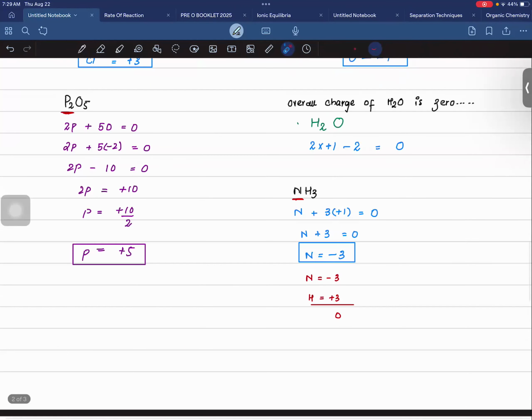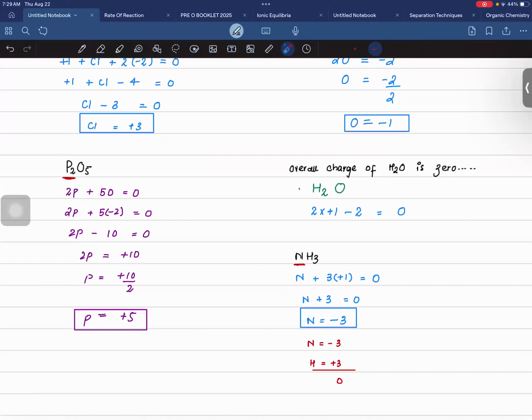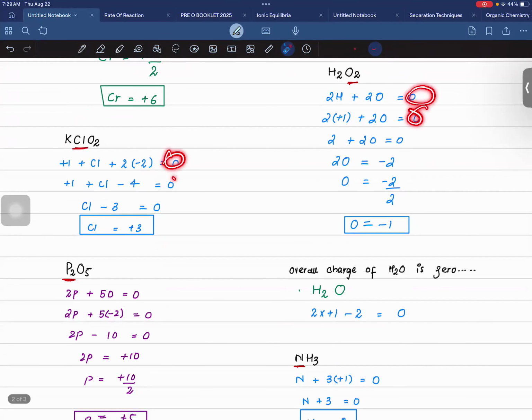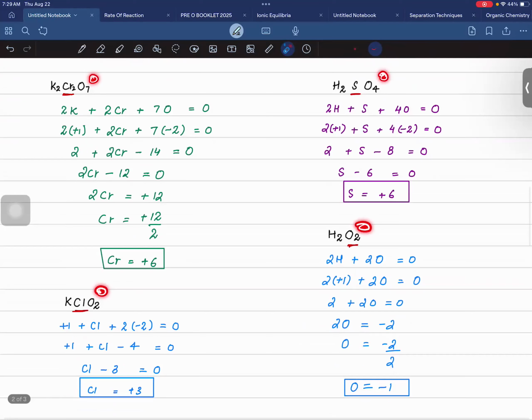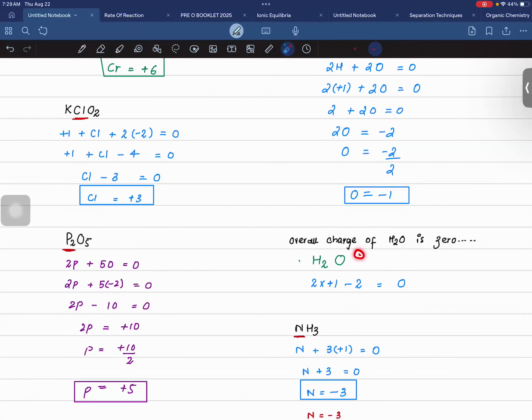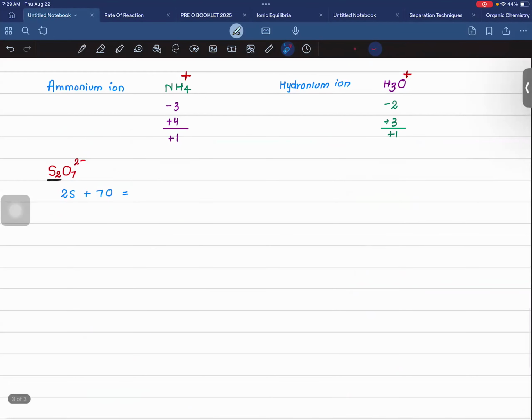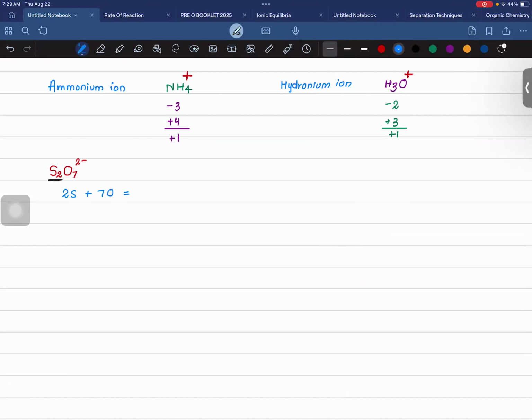In those examples in which I was writing down 0, there was no charge. But right now there is a charge, that is -2. So you are supposed to write down -2 over here.